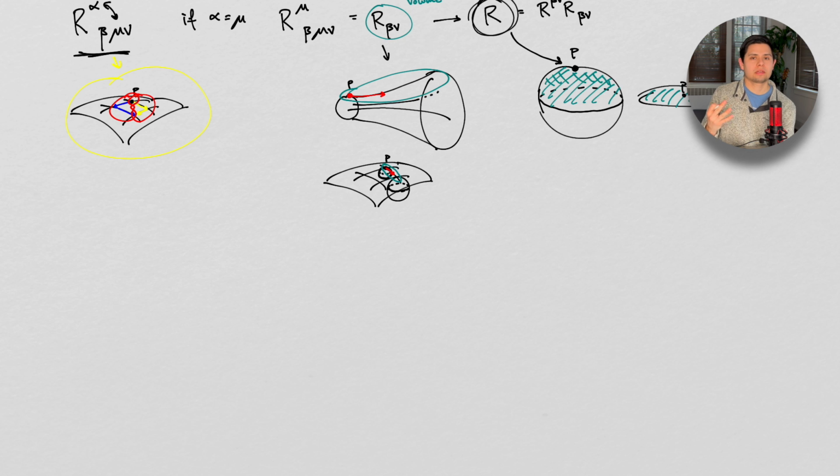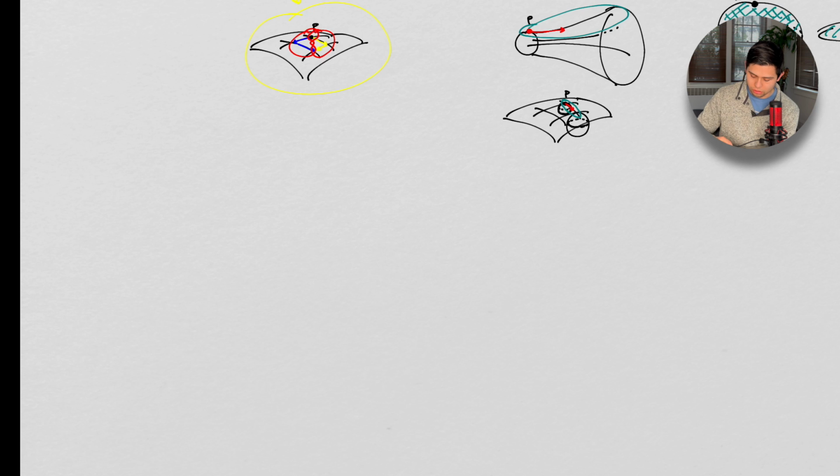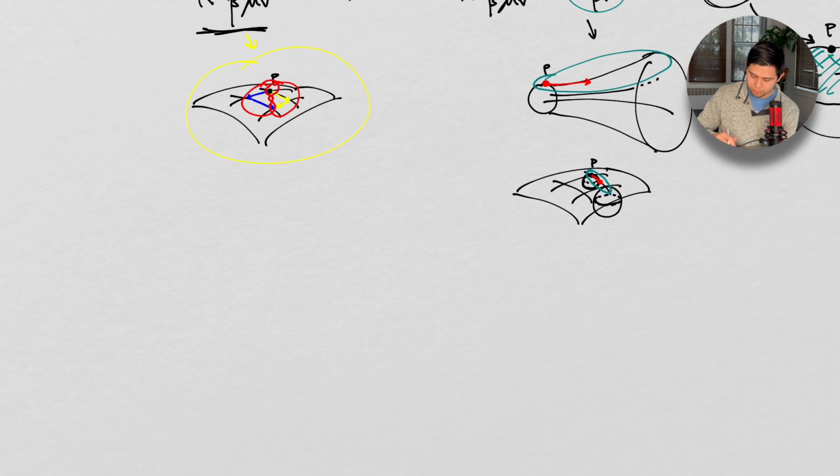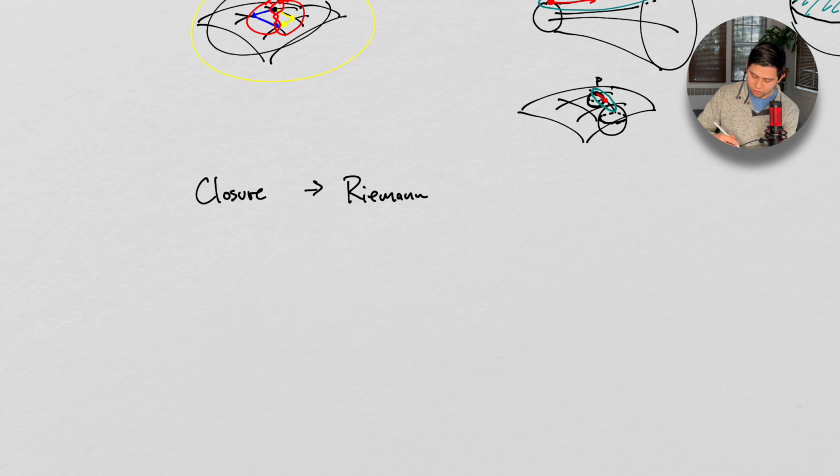So there's three things that we can take note of at every point in space. Those three things are this here, so closure. That's going to be Riemann. Then there's going to be volumes. That's going to be the Ricci tensor.